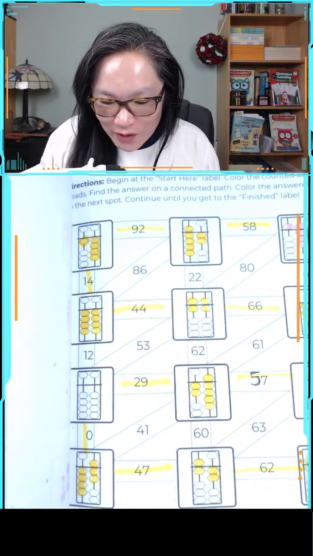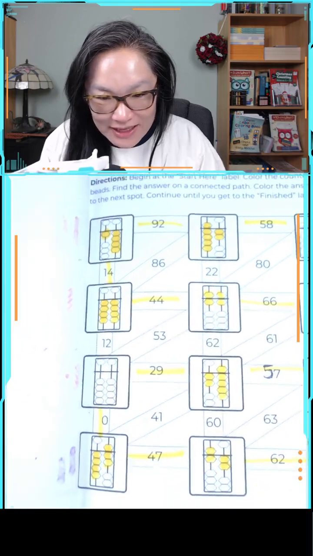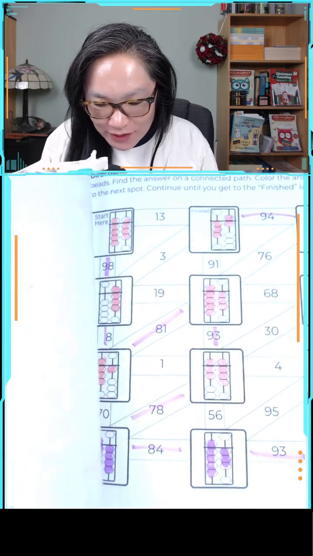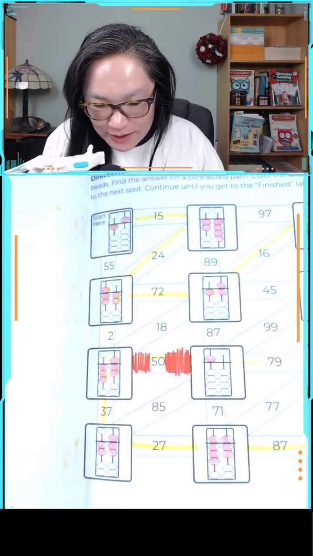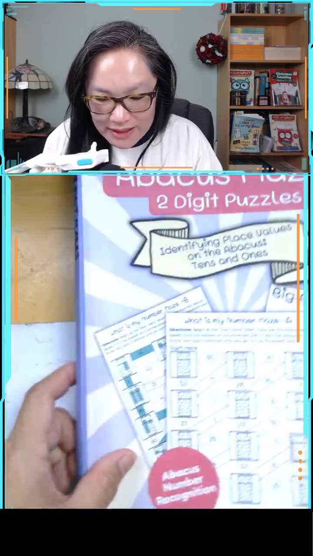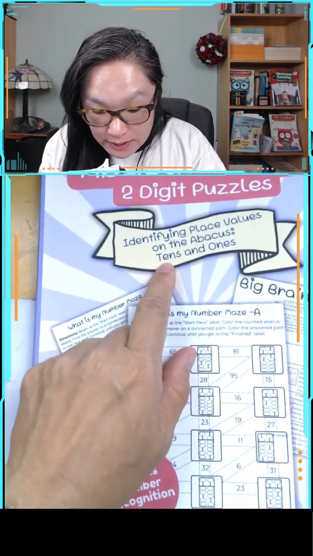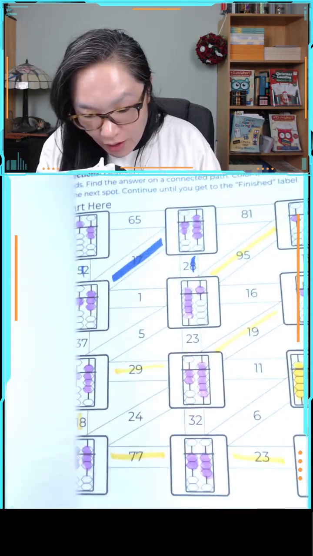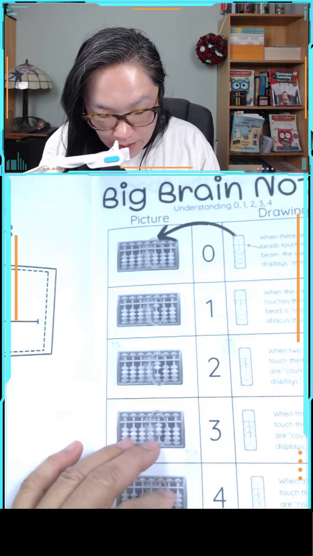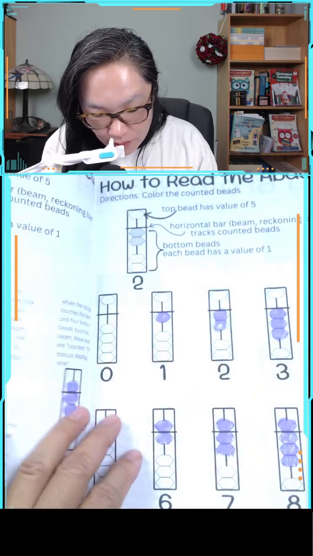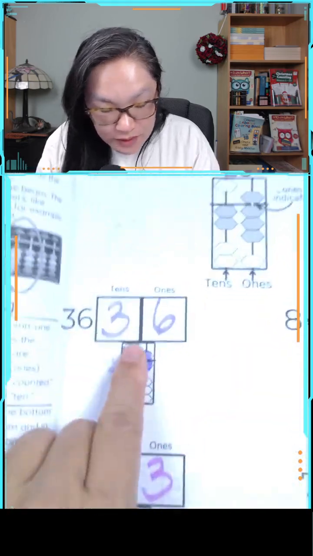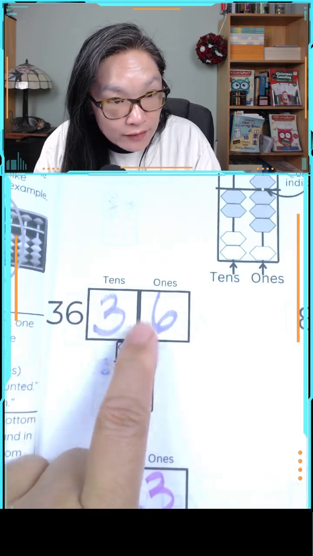So when we're looking, we have the mazes. This is my maze book. This maze book is an Abacus maze book. What we're doing is we're learning how to read the 10s and the 1s. We have our individual numbers. We talk about how to read the abacus and what it looks like on the abacus. And then we start talking about the different versions of the number.